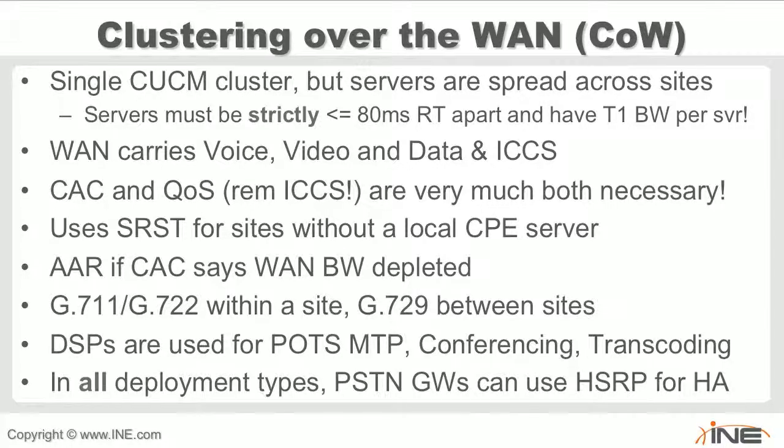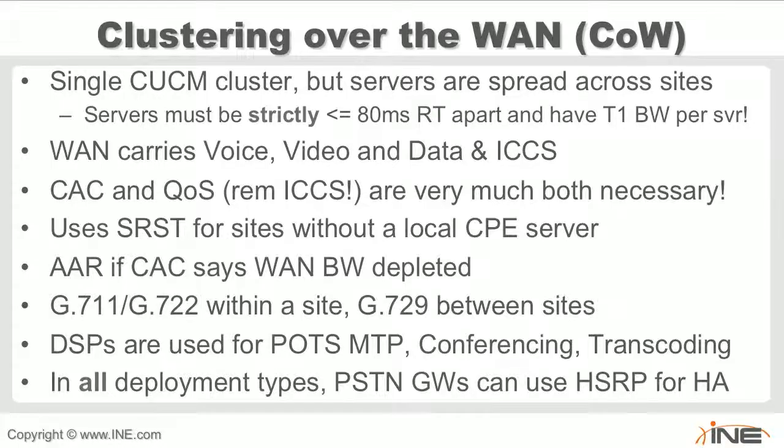You use SRST at sites that don't have a call processing engine, or CPN, call processing node, if you want to call it that. And I use automated alternate routing if call admission control says the WAN is depleted. Again, 711 within, 729 codec between sites. Again, DSPs are used for all the same: POTS voice trunk termination, conferencing, transcoding.